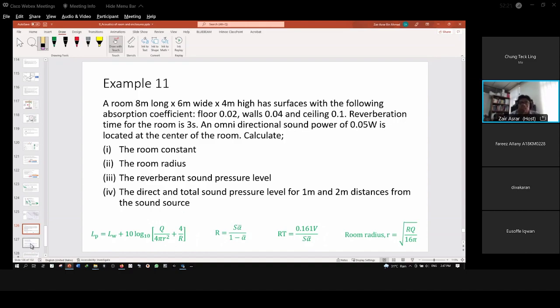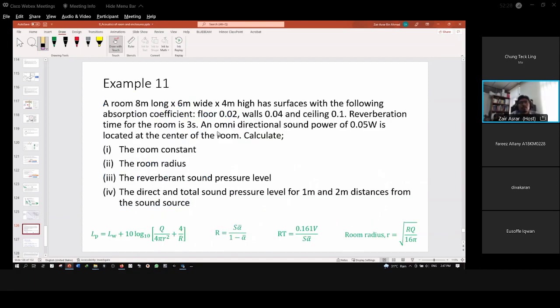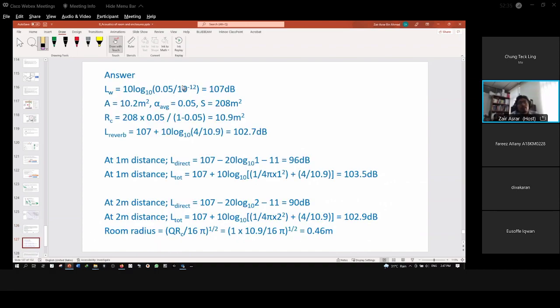Okay. So, the sound power level. In this case we have a sound power of 0.05 watt, so 0.05 watt divided by the reference sound power of 10 to the minus 12 watt. So we have 107 dB as our sound power level. The area is equal to 10.2 meter square.